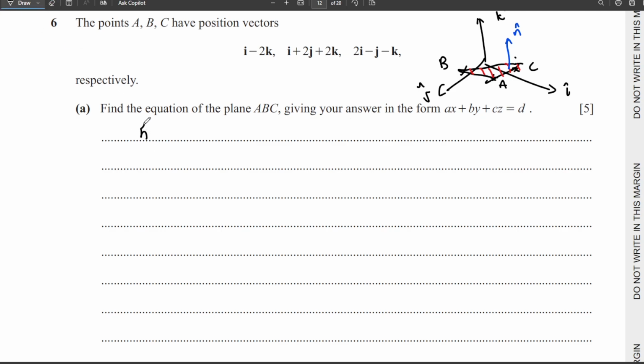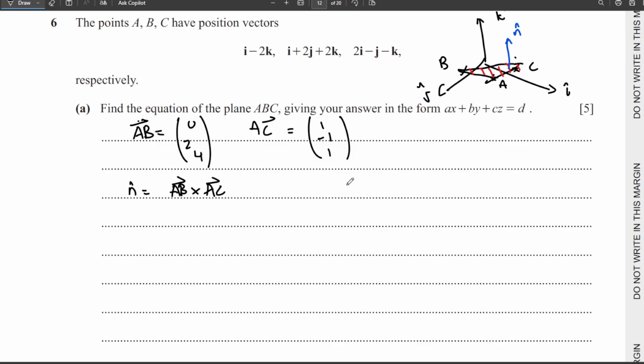So we do the cross product, or maybe let's find AB and BC first. AB should be simple, it'll be B minus A. I will use the column vector notation. So for the normal vector, you cross these two.